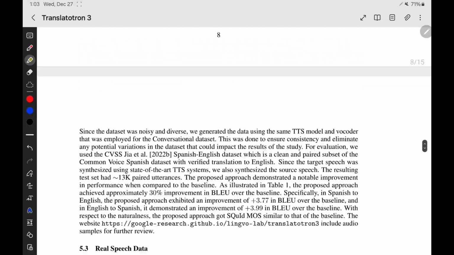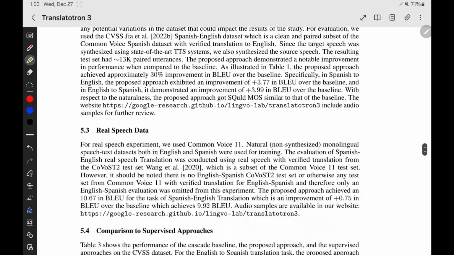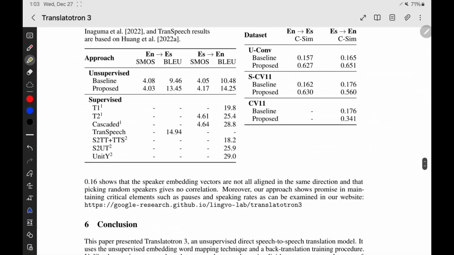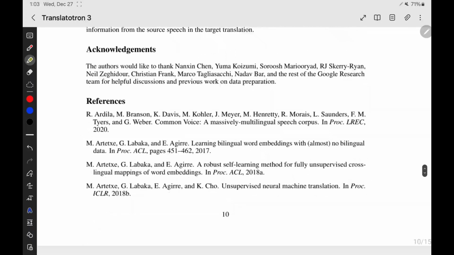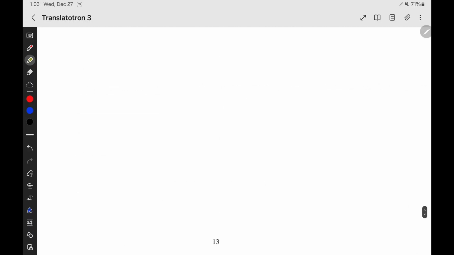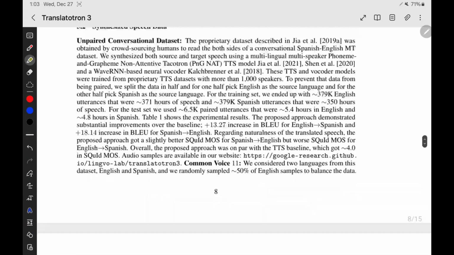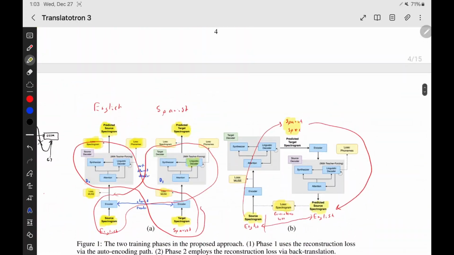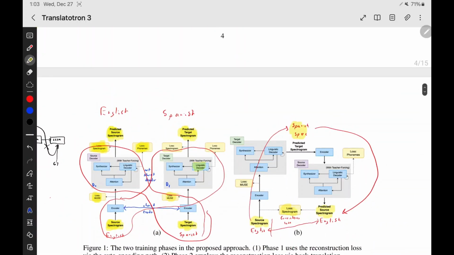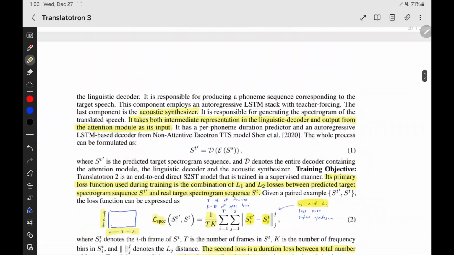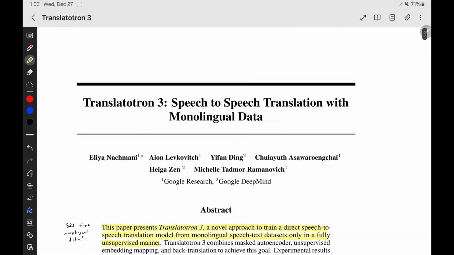And then they have some more metrics or benchmarks if you're curious. But that is Translatotron 3. Basically just a cycle consistency loss translating between two languages. Yeah, and that's the paper.